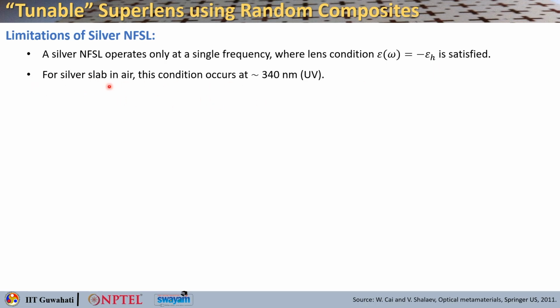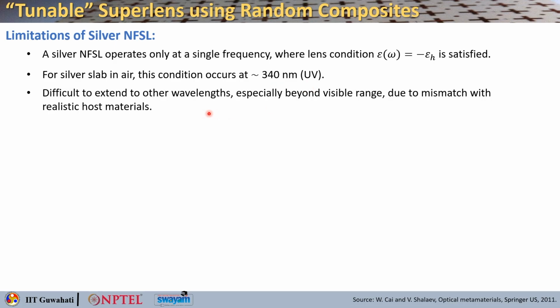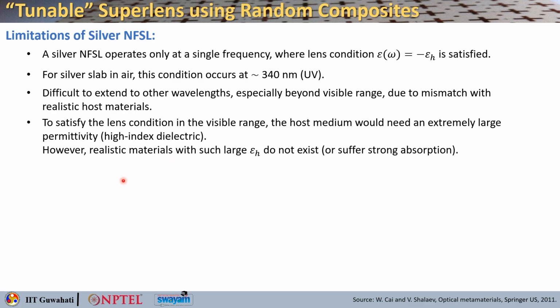For a silver slab in air, the condition was satisfied at 340 nanometer, which is in UV. Now, it is very difficult to extend this wavelength, especially beyond the visible range, due to mismatch with realistic host materials.